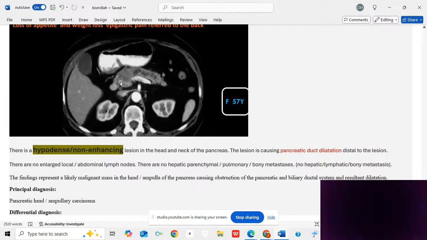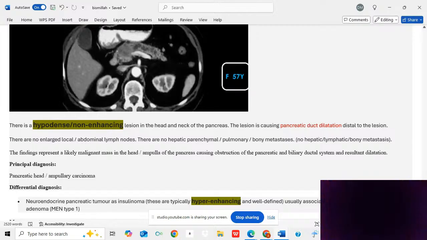The findings represent a likely malignant mass in the pancreatic head, in the pancreatic neck, in the ampulla of the pancreas, causing obstruction of the pancreatic and the biliary ductal systems with resultant dilatation. The principal diagnosis: pancreatic head or ampullary carcinoma.